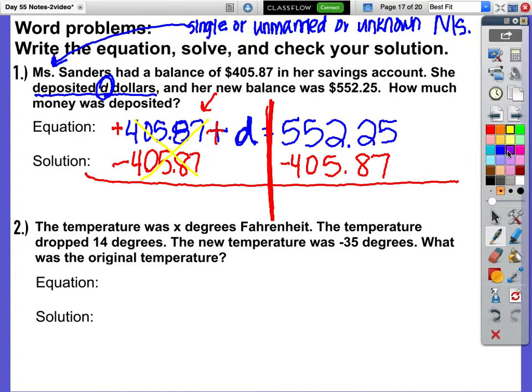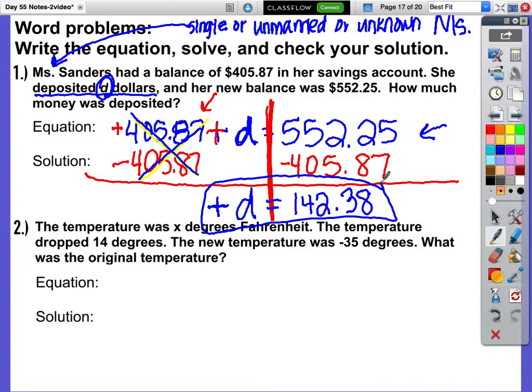All right, let's see what we have left. The 405.87s cross out because these are opposites of each other, which means they just cancel out to 0. And we have a D. Well, technically we have a plus D left over here, but that's the same thing as a positive D, or just D equals, use your calculator for this, and you get 142.38.